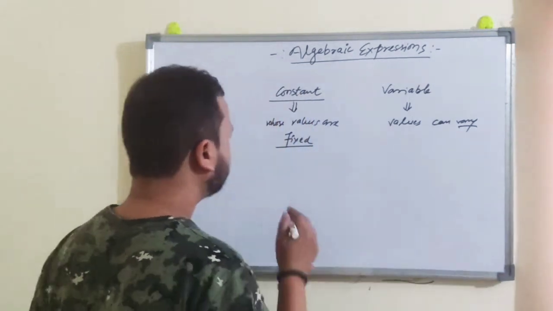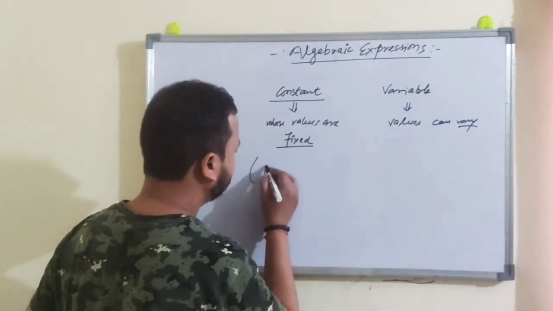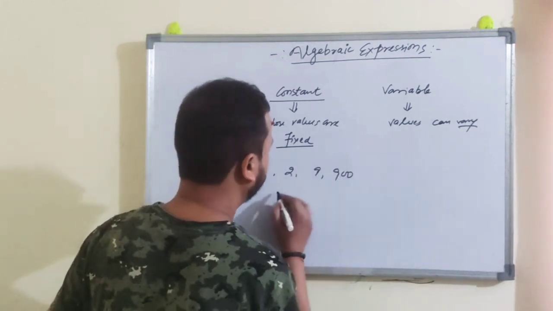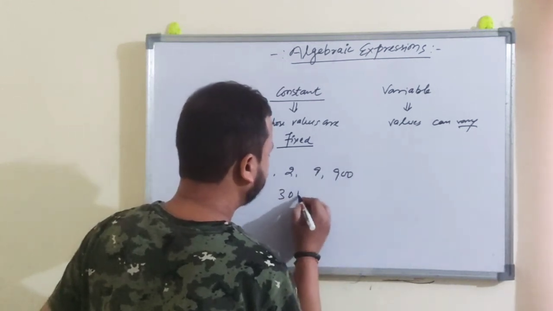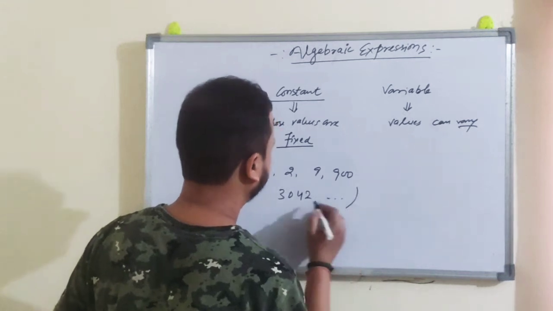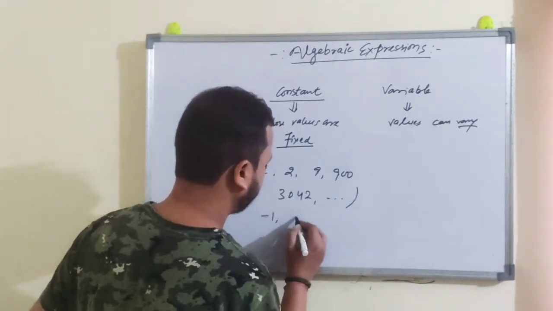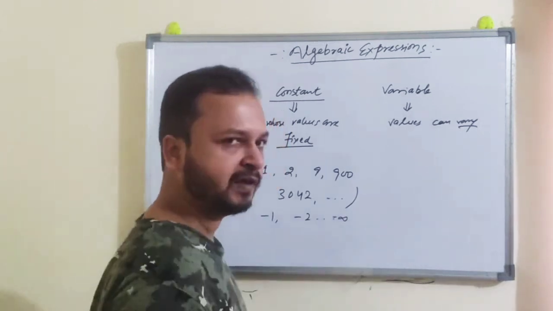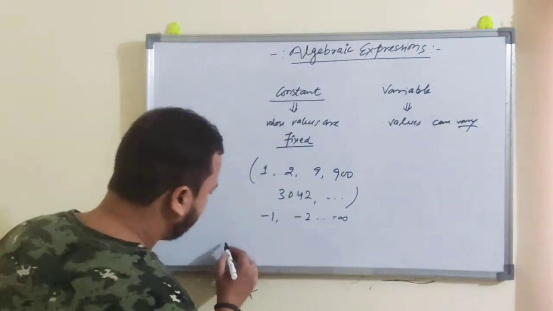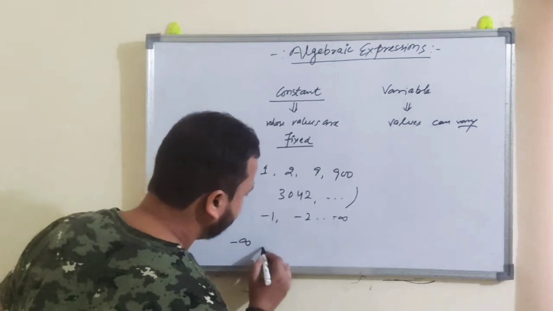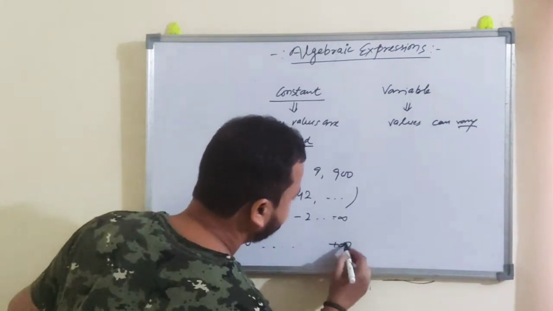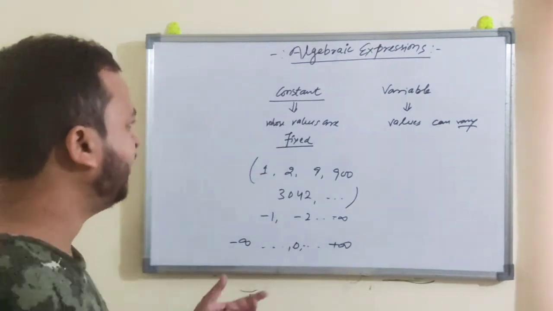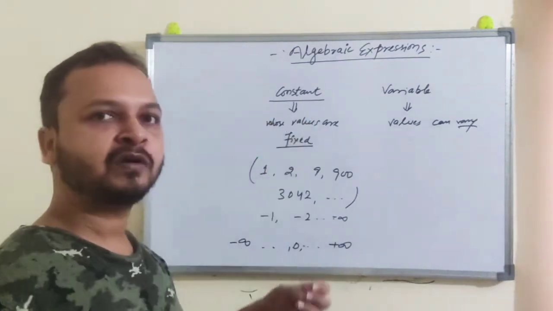So for the constant, examples are suppose 1, 2, 9, 900, 3042 and so on. Also it can be -1, -2 up to -infinity, right? So constant values are from -infinity to +infinity, including 0. All the integers come under the constant value.